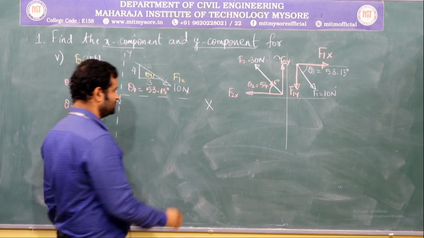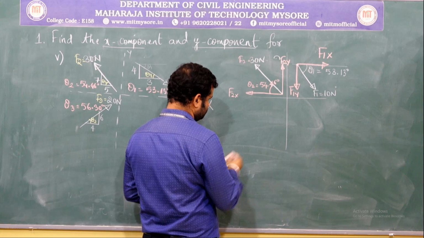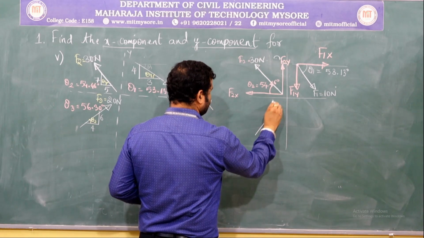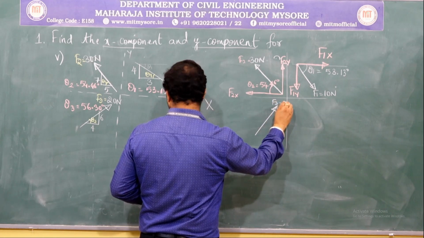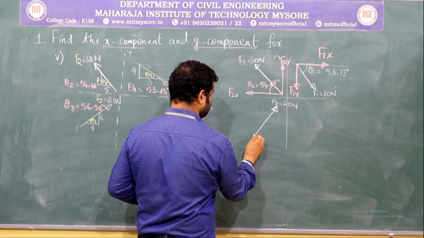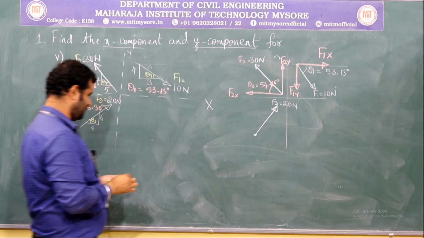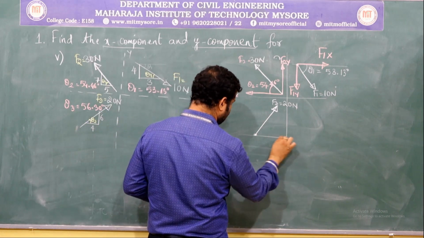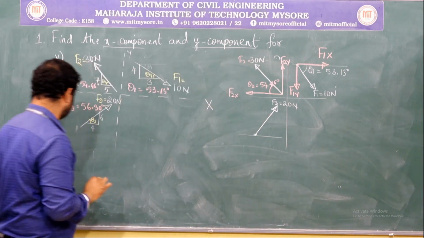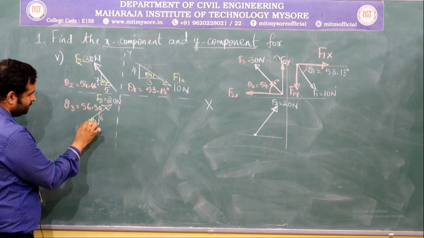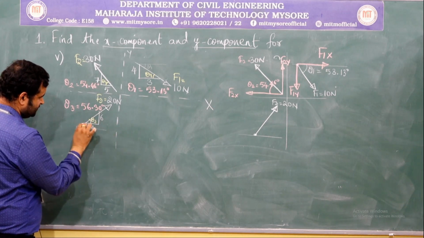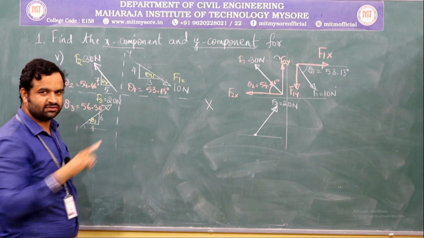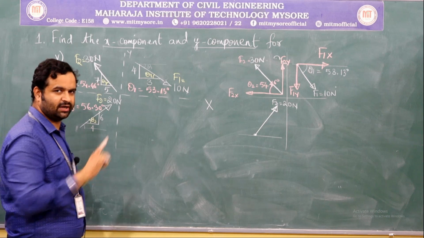Coming to the third force, F3 is equal to 20 Newton. Now, what about the angle of inclination with respect to horizontal? If you draw the horizontal line here, this is theta 3. If you measure this angle here, it remains same. The angle of the force is not changed because it is a straight line.